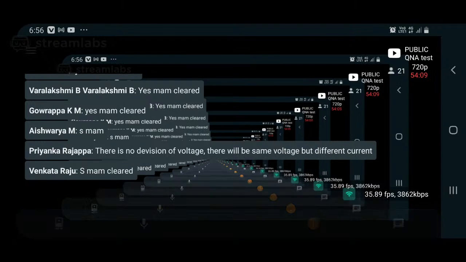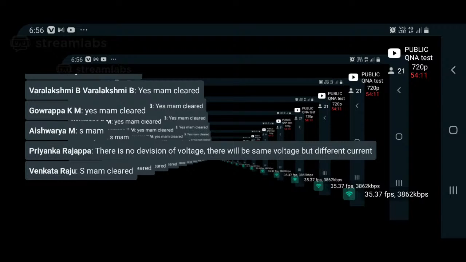Yes, Priyanka, correct answer. Same voltage. It uses different current for different gadgets. And one more point you left is total resistance in parallel circuit is decreased. That is very important.